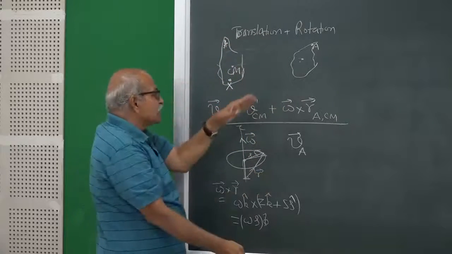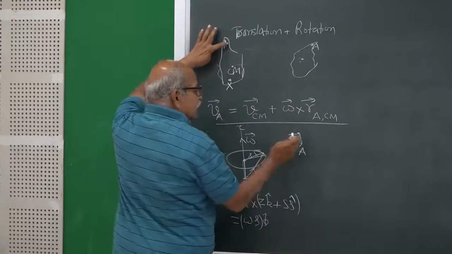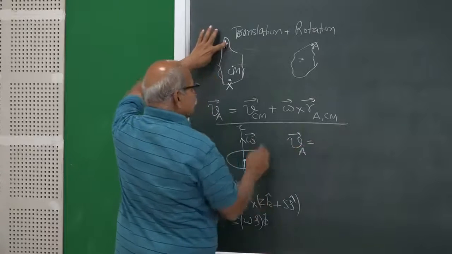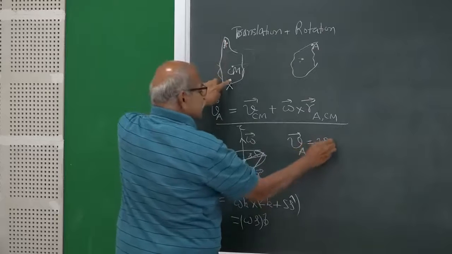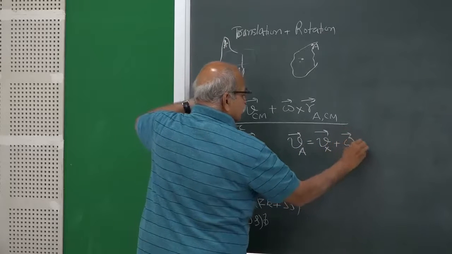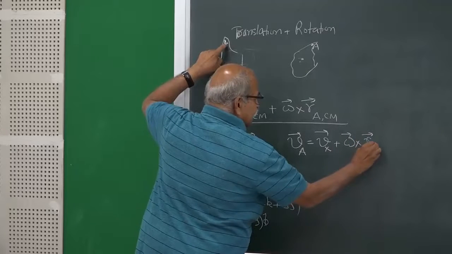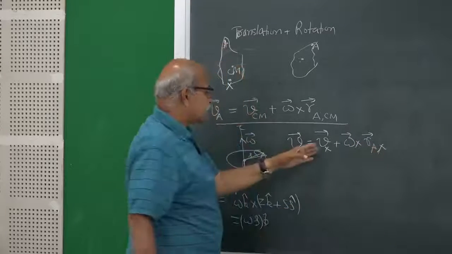So, at any instant, I am writing the velocity of this particle, and that will be equal to the velocity of this point x plus omega cross the position vector of this particle a with respect to that x.